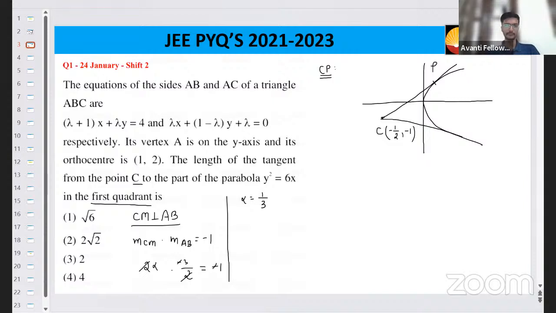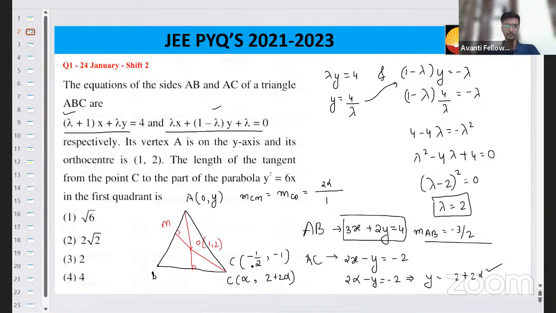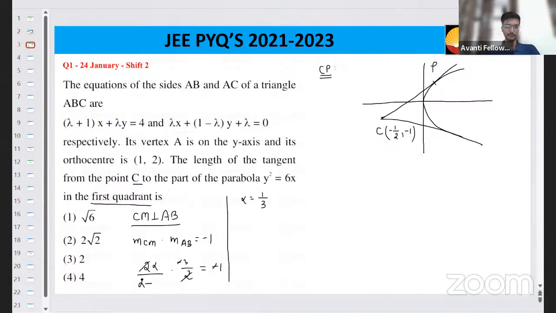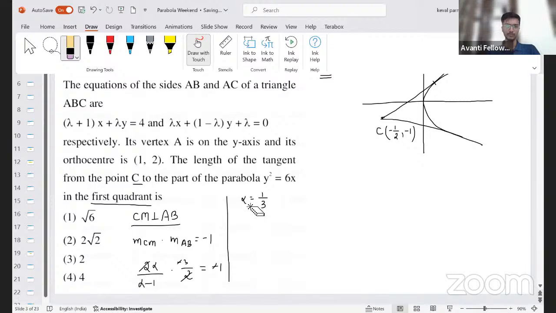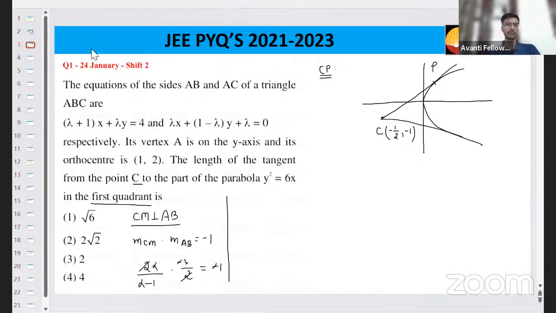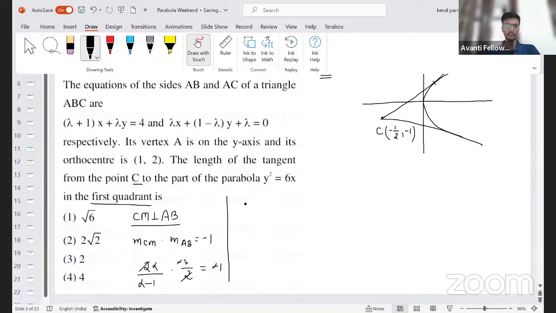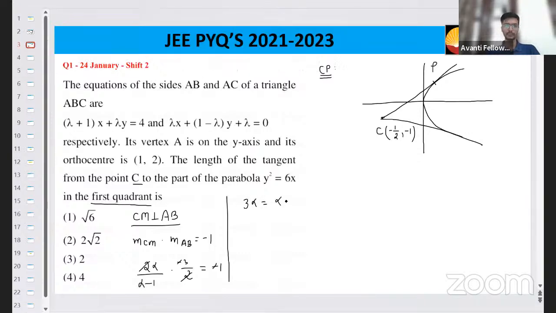Now is it correct? 2 alpha upon 2 alpha upon alpha minus 1. Right. So we got 3 alpha is equal to alpha minus 1.